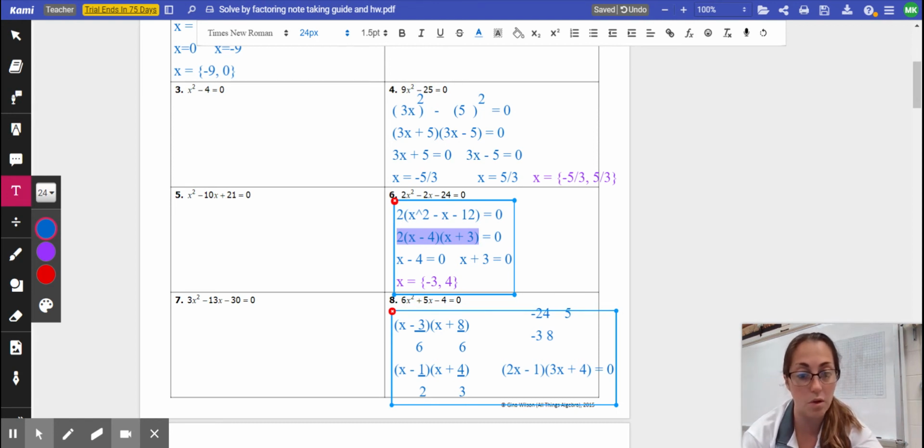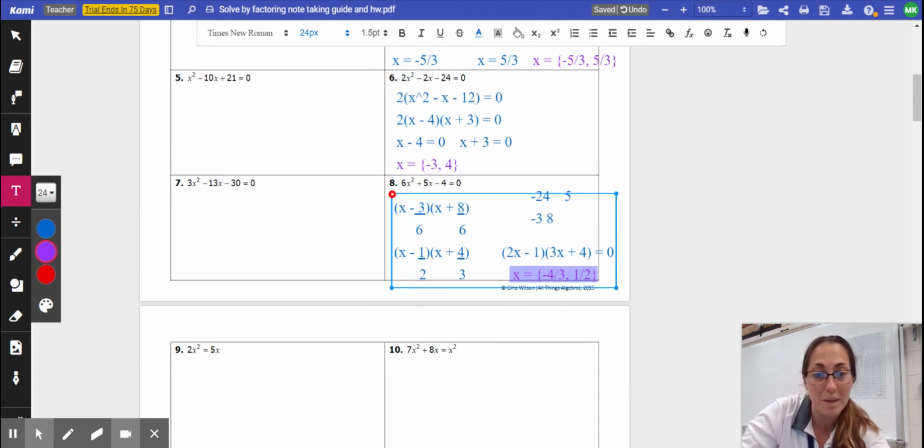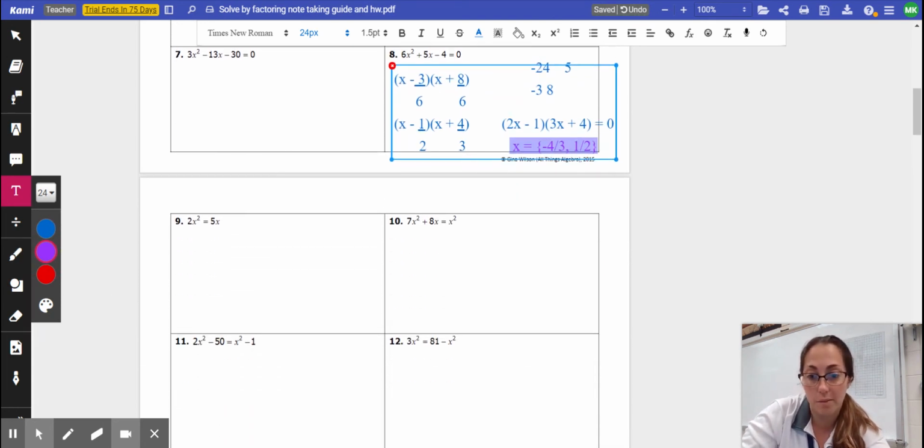And then we're going to solve each one, and you get two solutions. So we have x equals negative 4/3 and add 1, divide by 2, so positive 1/2. I did this other one first because I like it to be numerical order. That's just me being kind of a stickler to myself, wanting that for myself.